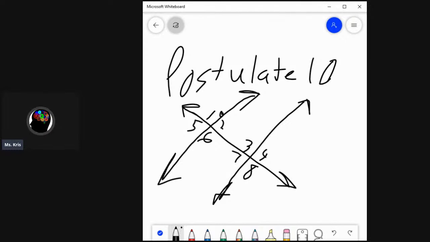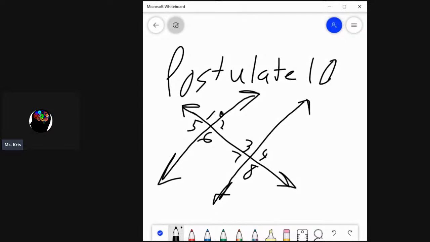Those are the angles that are outside. Now, typically, we deal with these types of angles based on congruency. So, corresponding angles are congruent to each other. Yes, corresponding angles are typically congruent to each other.